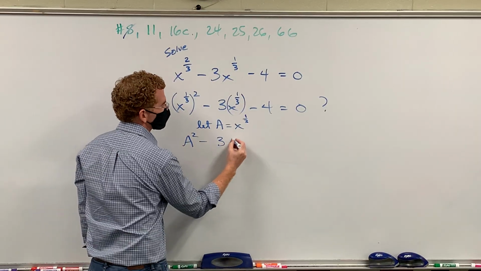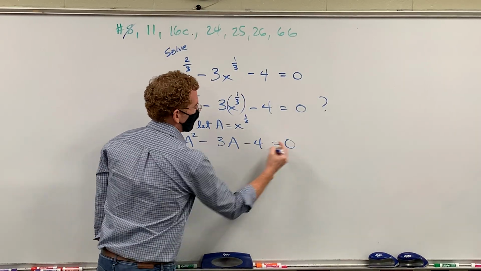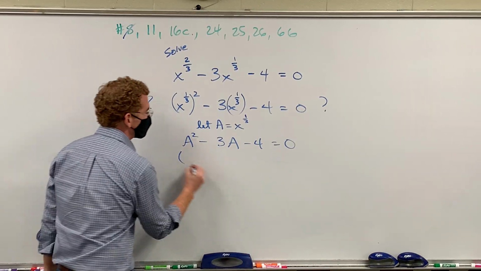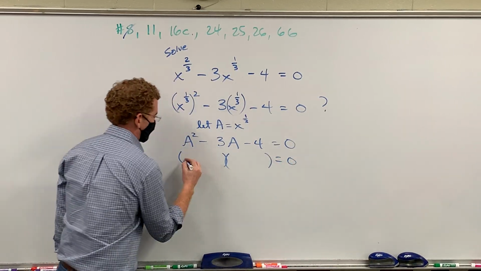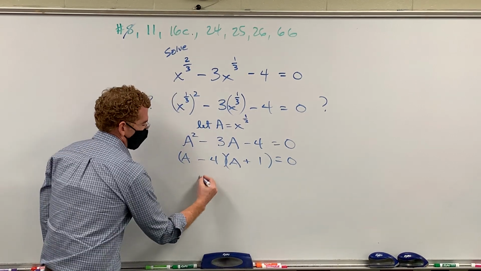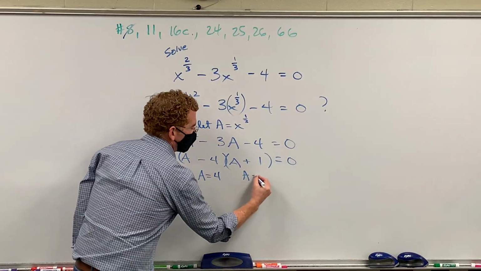A squared minus 3a minus 4. And now it looks pretty. And now we can factor it. A minus 4, A plus 1. A equals 4. A equals negative 1.